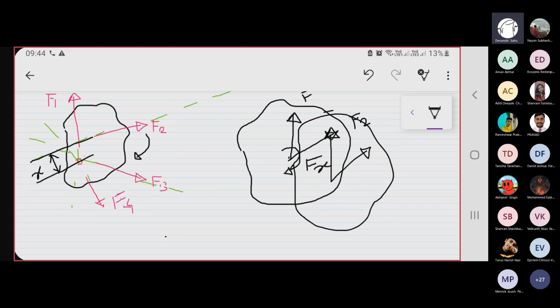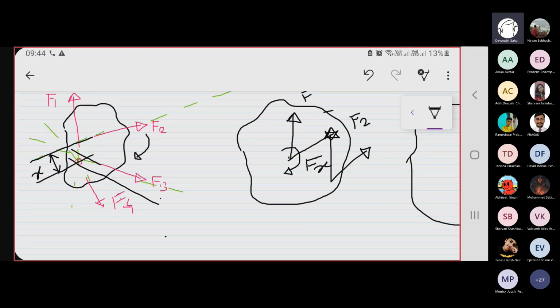Now, if you want to transfer this F3 force, it is not passing through the center. So what is the distance between these two? Y. So in which direction will it be? Clockwise direction.